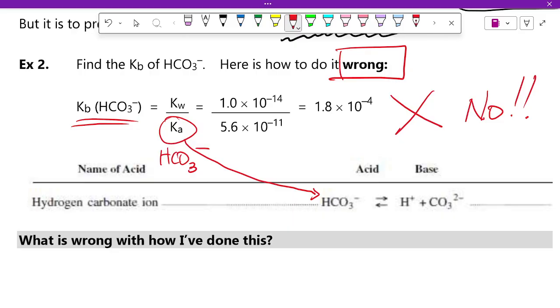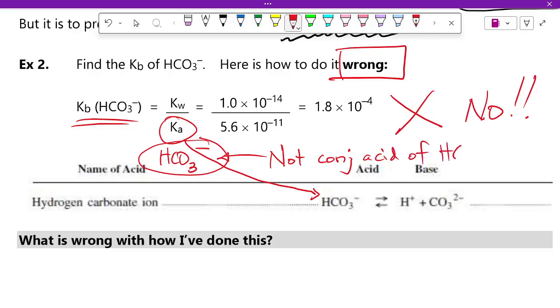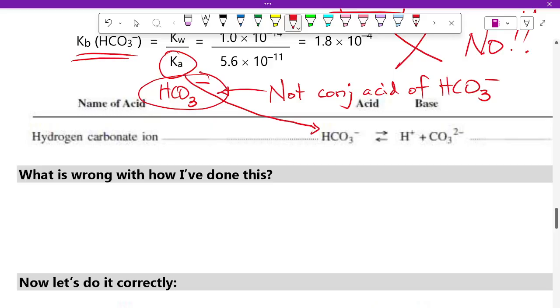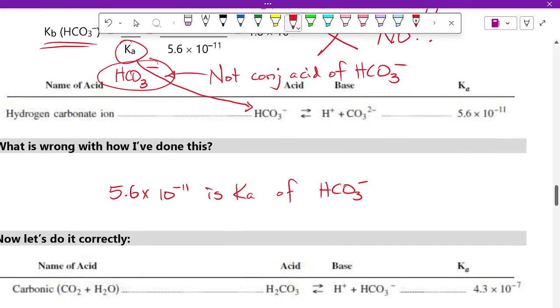Is HCO3 minus the conjugate acid of HCO3 minus? No, this is not the conjugate acid. 5.6 times 10 to the negative 11 is the Ka of HCO3 minus, not the conjugate acid.